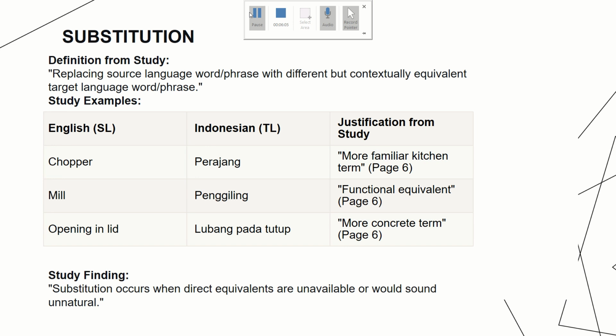Mill becomes penggiling, a functional equivalence. Opening in lid is rendered as lubang pada tutup, a more concrete term. This occurs when a direct equivalent is unavailable or would sound unnatural in the target language.